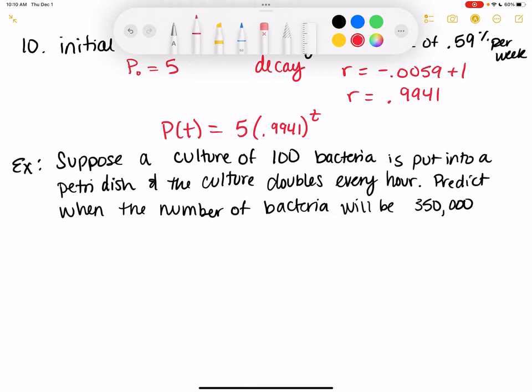So our initial value is 100. So at 0 hours, we have 100.